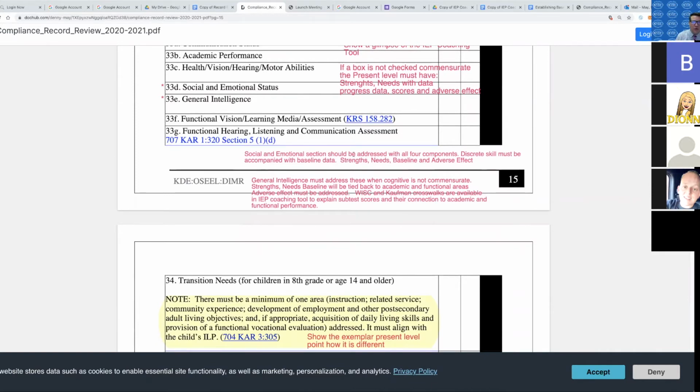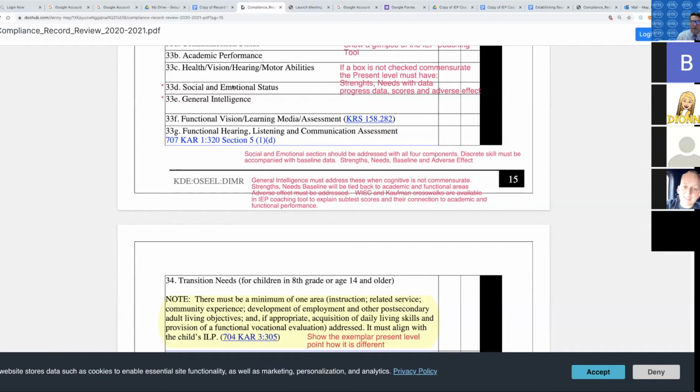The social emotional section should be addressed with all four components. Discrete skills must be accompanied with baseline data and progress monitoring data. Strengths need baseline and adverse effect. Well, where does this come from? If you've got a student that has a composite score of 78, 77.5 or lower, and they're in special education, then they've got problems with adaptive behavior, and it should be addressed.